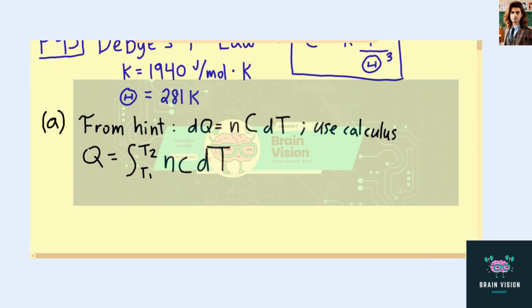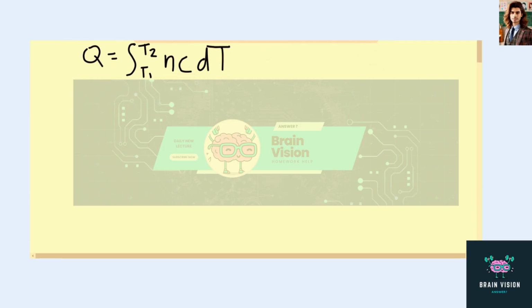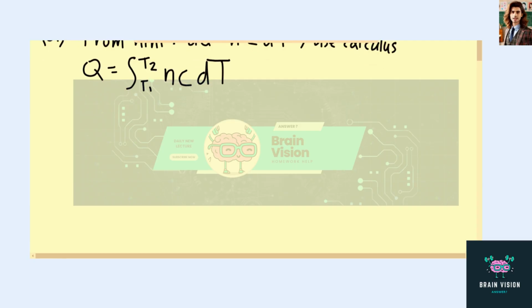Since we're using Debye's T-cubed law, C is in terms of T, so we have to plug this equation for C into the integral. N is the number of moles, which will be 1.5, but for now we're just going to leave it as n.